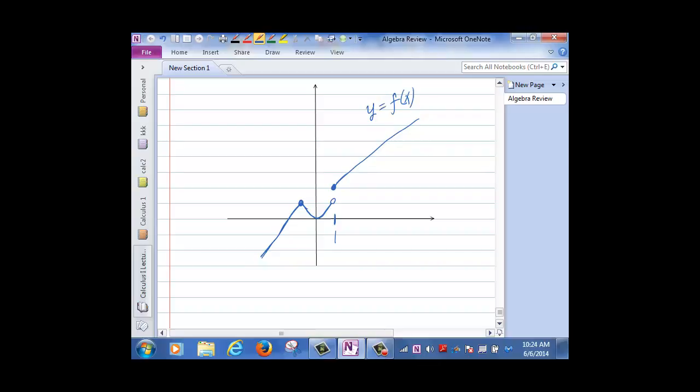However, how about left? Can I say that it's continuous from the left? No. The limit at 1 from the left exists, right? However, it's not equal to the value of the function at 1, right? So it's not continuous from the left, it's continuous from the right. Is everybody okay with that? All right.